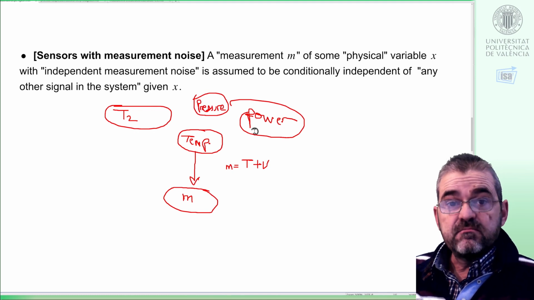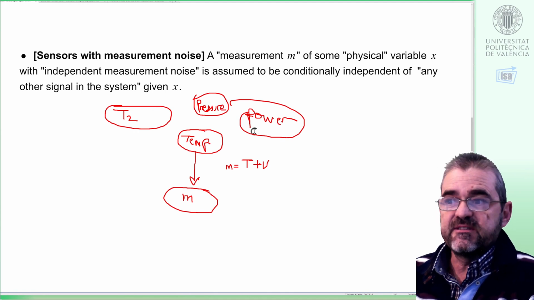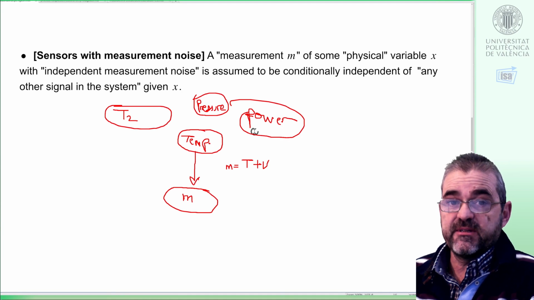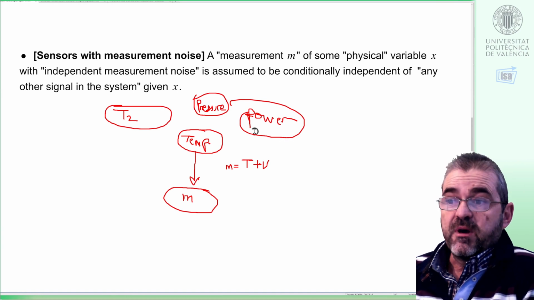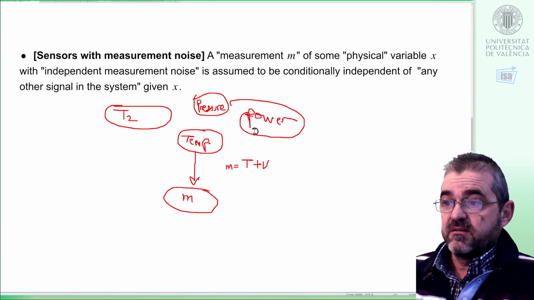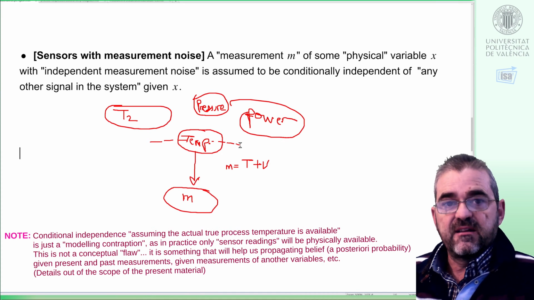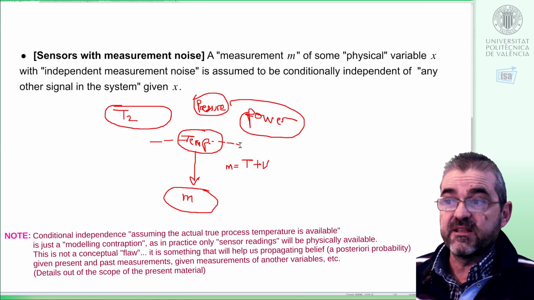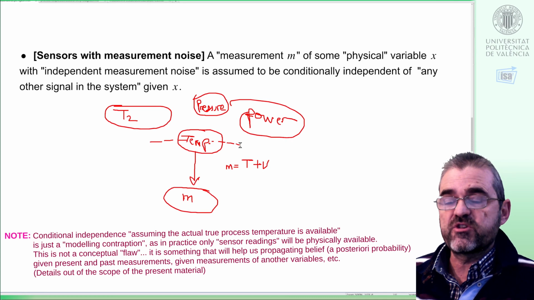So there might be some other process variables, like another temperature, pressure, heating power, whatever, which are of course statistically correlated with the temperature I'm measuring. I may use the sensor to control the state of that process, but this white additive measurement noise assumption tells me that once the actual physical temperature of the tank I'm measuring is given, then the measurement is conditionally independent of everything else in the plant given the variable to be measured.